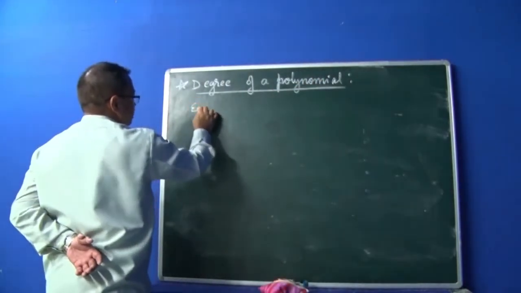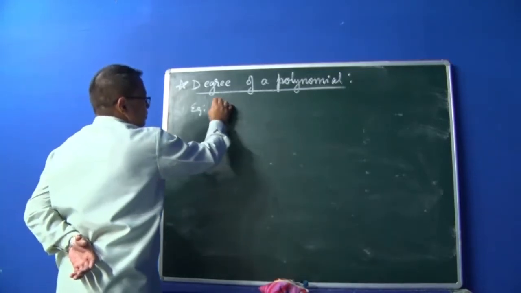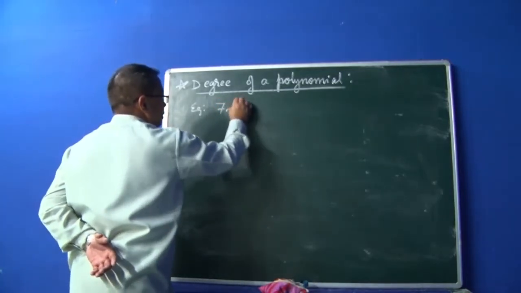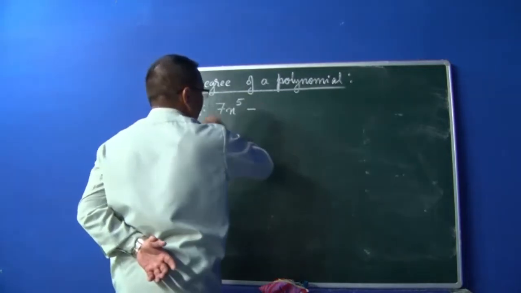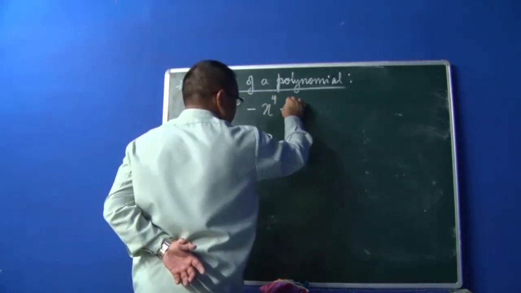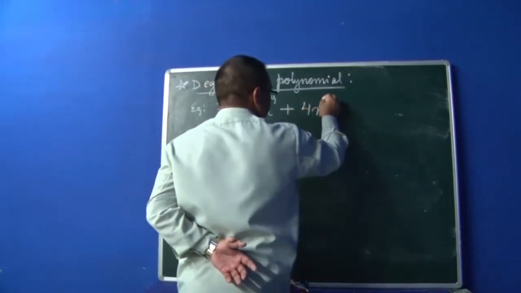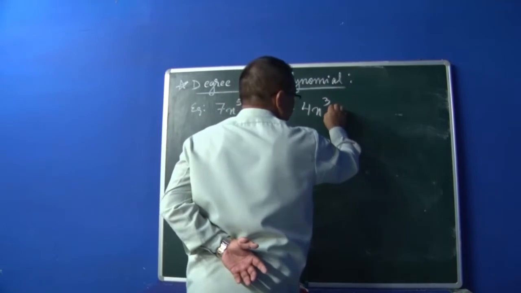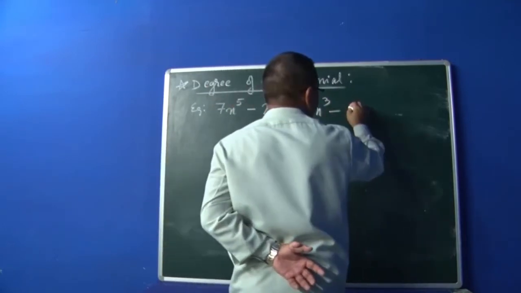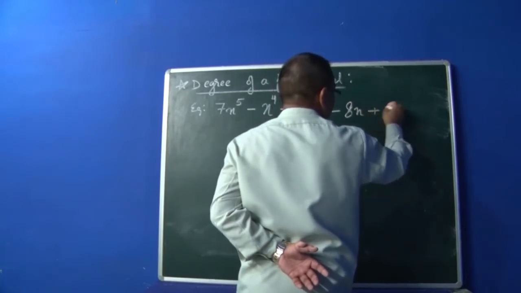Take one example: 7x power 5 minus x power 4 plus 4x cube minus 8x plus 1.